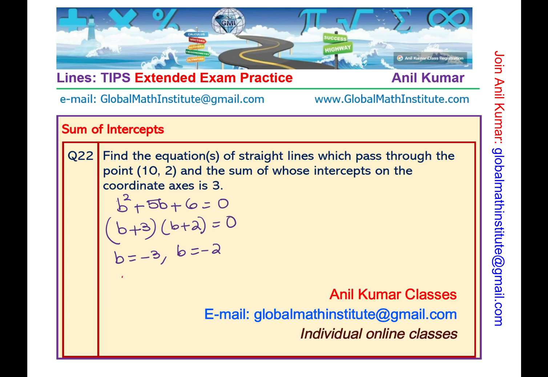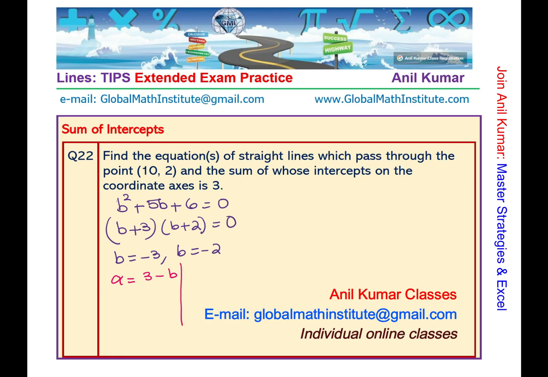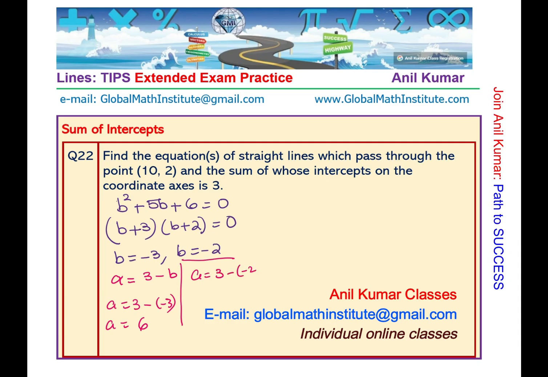Since we know that a is 3 minus b, we can now find the value of a for both values. In the first case, a is 3 minus (minus 3), which is 3 plus 3, which is 6. And in the second case, a equals 3 minus (minus 2), which is 3 plus 2, which is 5, correct?